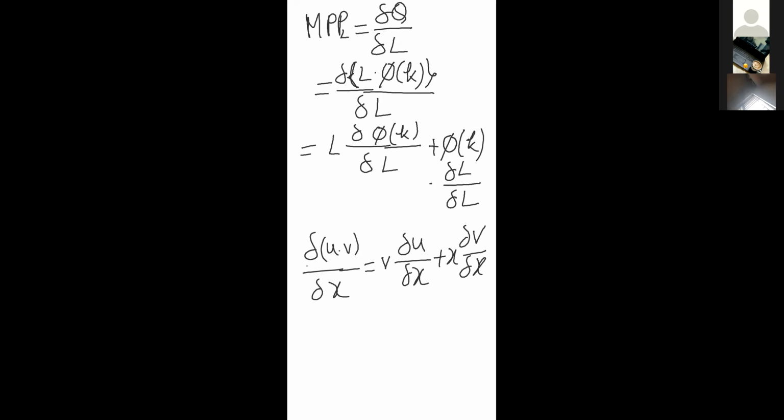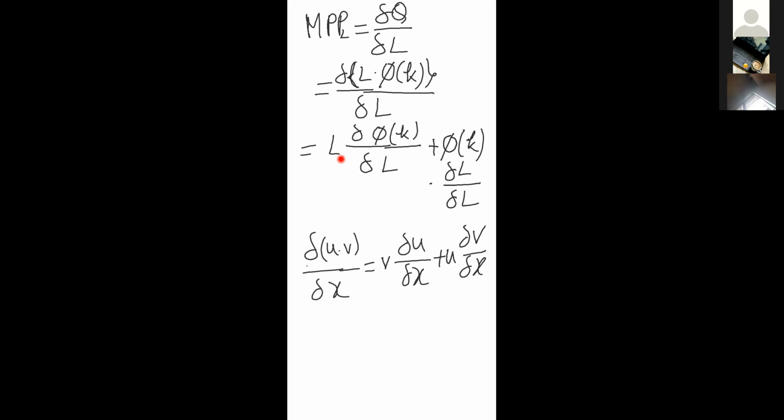Using this formula, del U divided by del X. I'm just writing the second term here. It's not a matter. So here is L into phi of small k. You can denote it as U, it as V, or it as U, it as V. It's your choice.